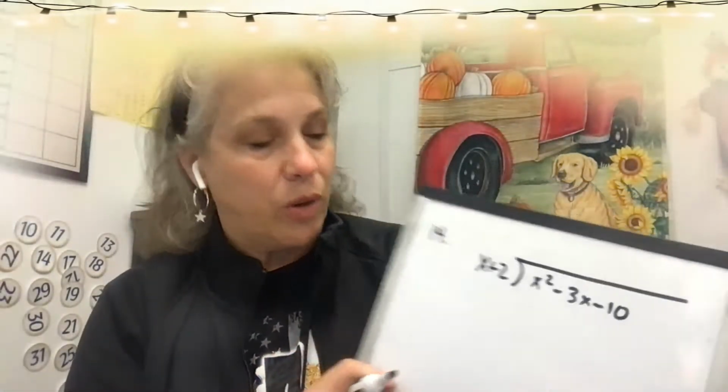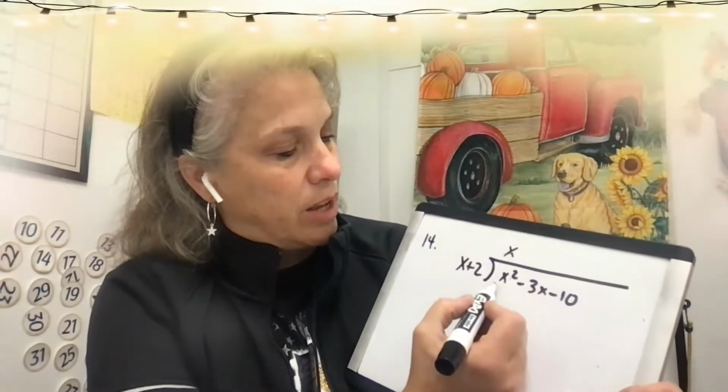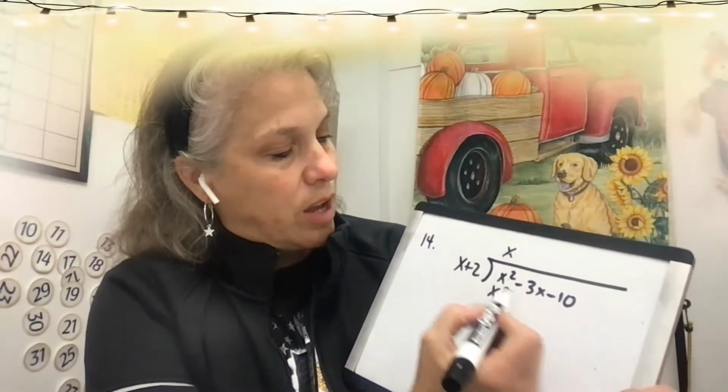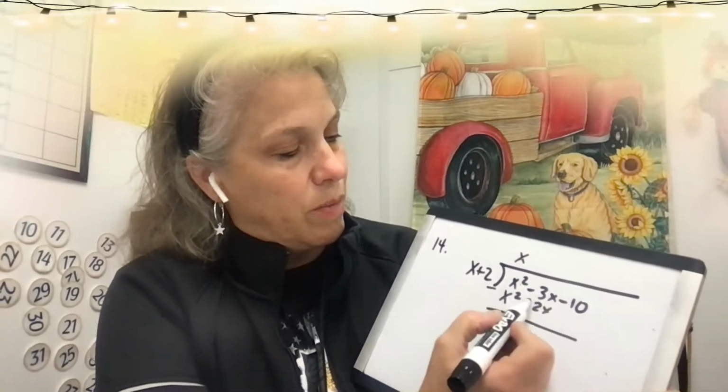My next problem is number 14, and that is x plus 2, the divisor, and x squared minus 3x minus 10 is my dividend. So here we go. What times x? Okay, it's going to be x times x is x squared. x times 2 is plus 2x. Distribute the minus signs.